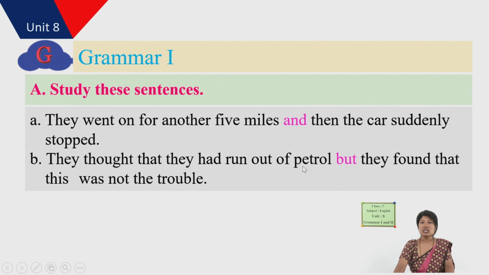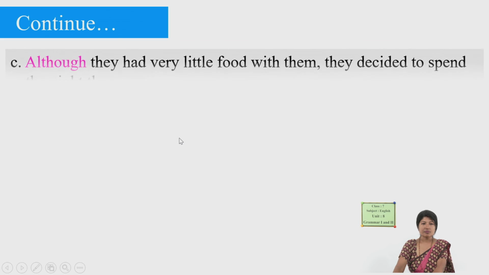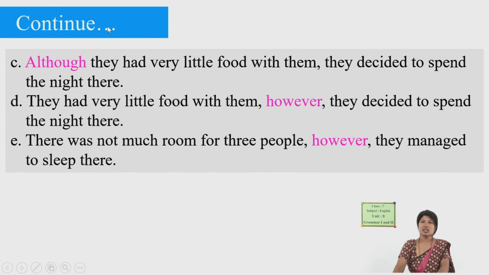That is contrasting ideas. That's why but is used over here. Next example. We are continuing the same study sentences. So how will we be able to use these connectives in sentences of our own?